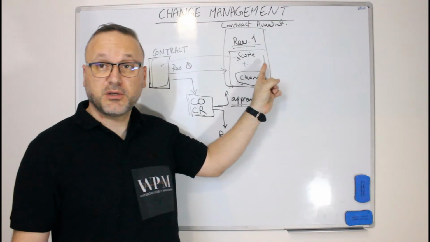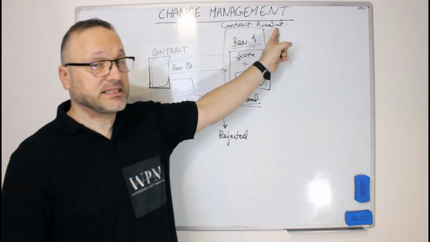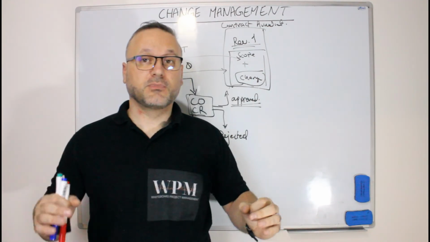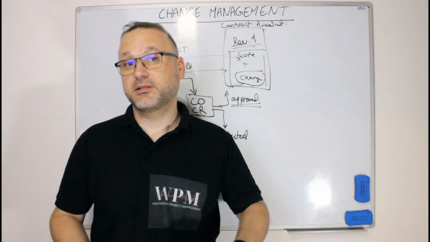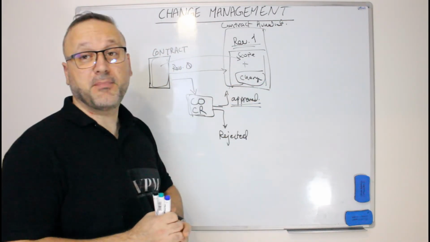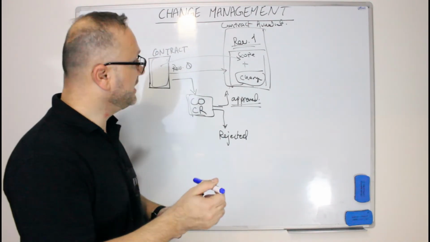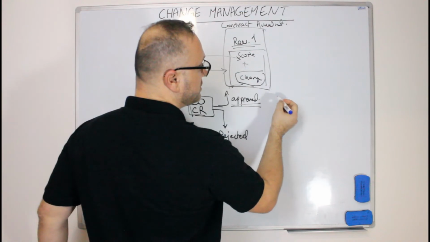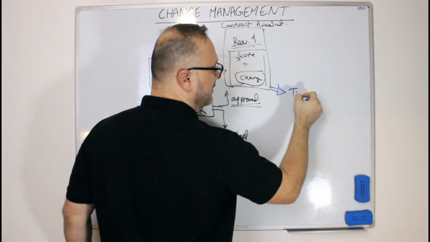Once you changed, you need to execute. Once this contract amendment is signed, you need to execute it, monitor it and control it, and deliver it. Delivery of the contract amendment should always mention the changes with the time schedule.